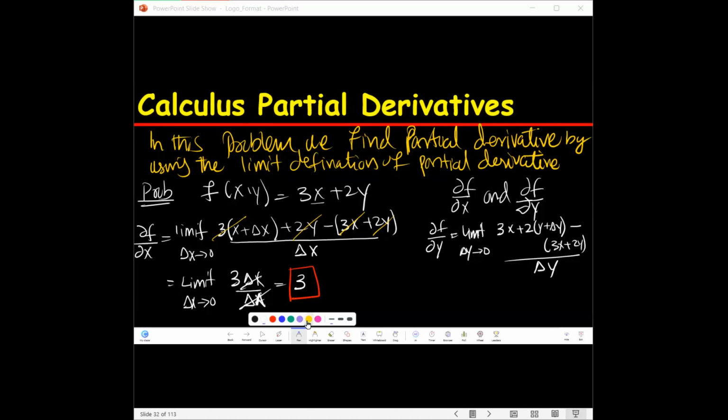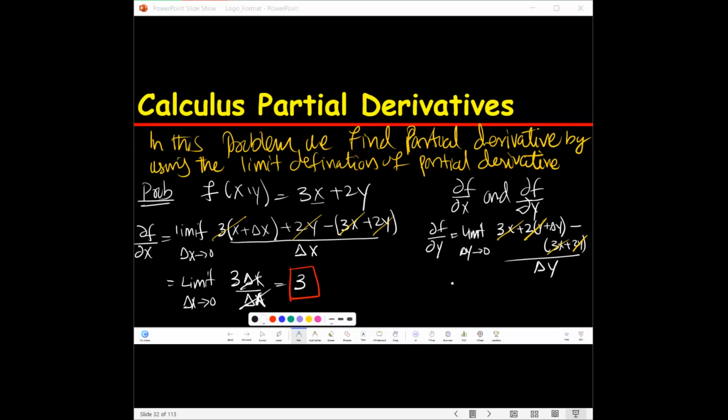If I do this side, it's going to be pretty much the same thing. This one cancels out, 2y cancels out, and what's left over is 2 delta y over delta y, right?